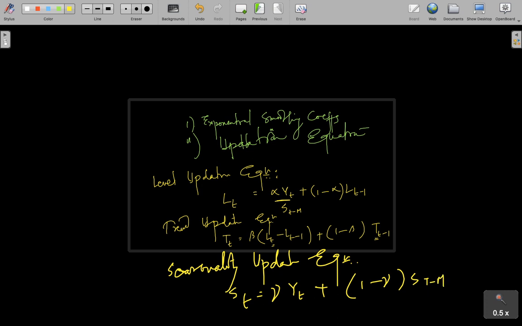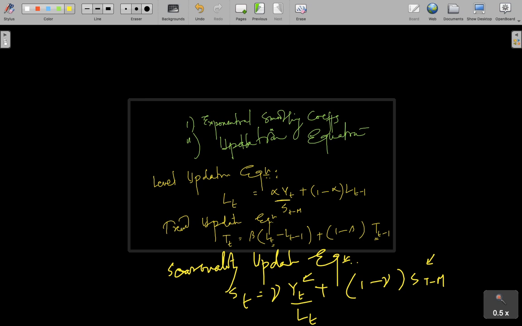So I have to update it with the level. What I'm doing here is assuming that Yt has some component of seasonality, and if I adjust it with the level, what I'll be left with is the seasonality component. So this part is a seasonality component, and this part is also a seasonality component.